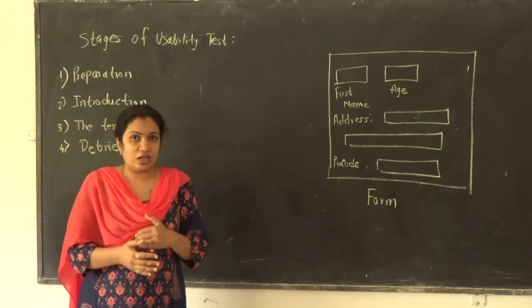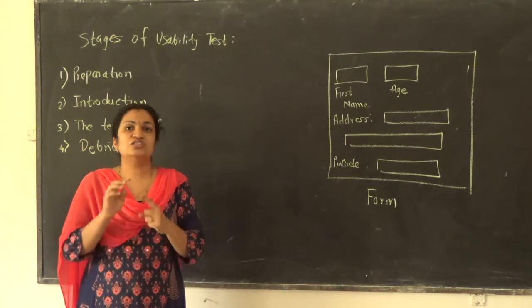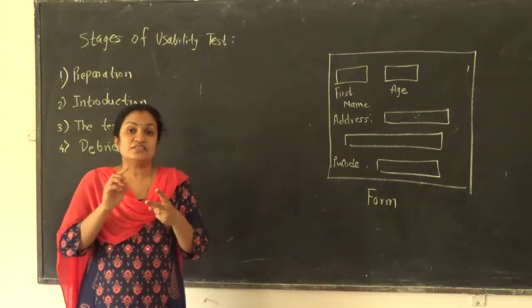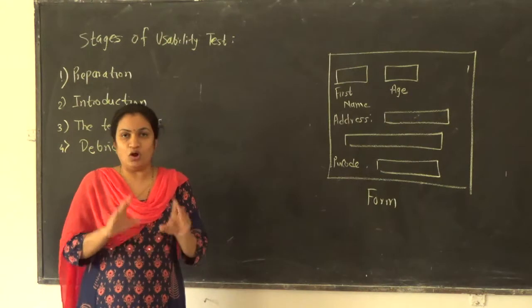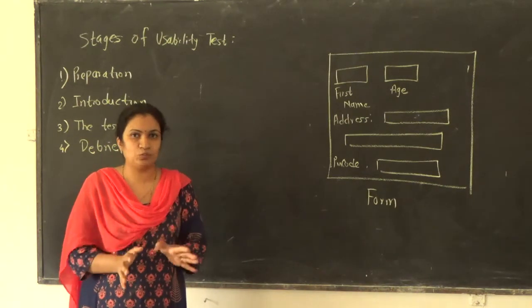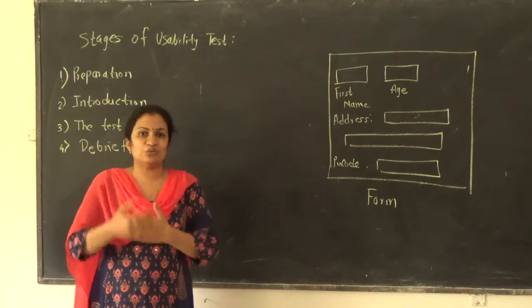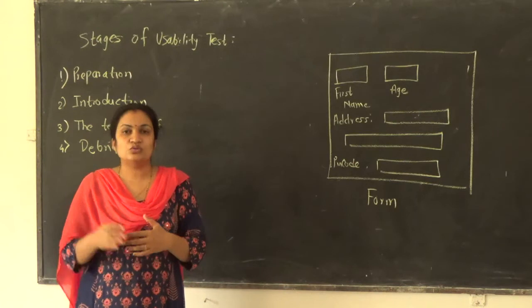Before the user approaches for the actual testing, you should make sure that your system is on. The software which you want to test should be open on the system itself. The mouse is properly working, the keyboard is in a proper position, and whatever questionnaire is there for that particular user is present.